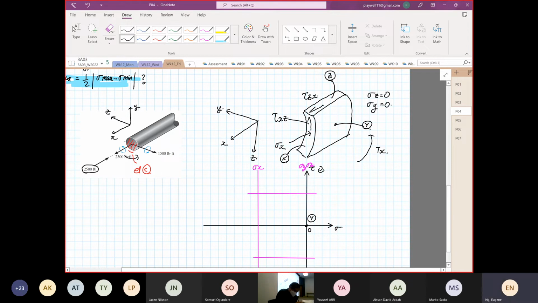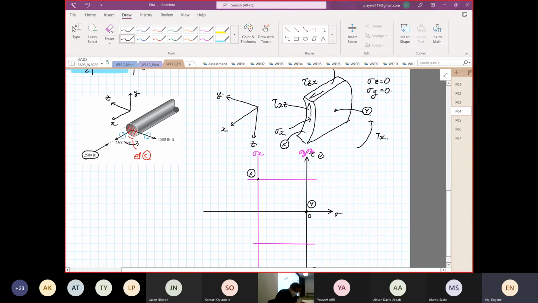Then point X is over here. And point Z is on 0 normal stress line, but the shearing stress is of point Z. So we construct the Mohr circle now. Okay. So this is our first Mohr circle.